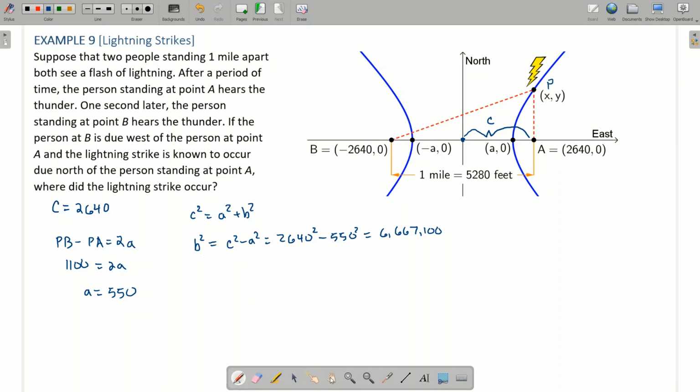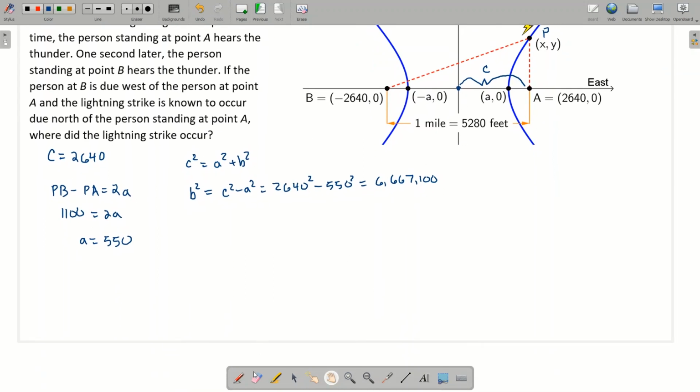All right, so then we know we designed this so that the center is at the origin and the transverse axis is the x-axis, which means that our hyperbola has to have this form. It has to start with the x because the transverse axis is the x-axis. It's equal to 1. And we have all the information now, so we can write it in here. So it's going to be x squared over 550 squared.